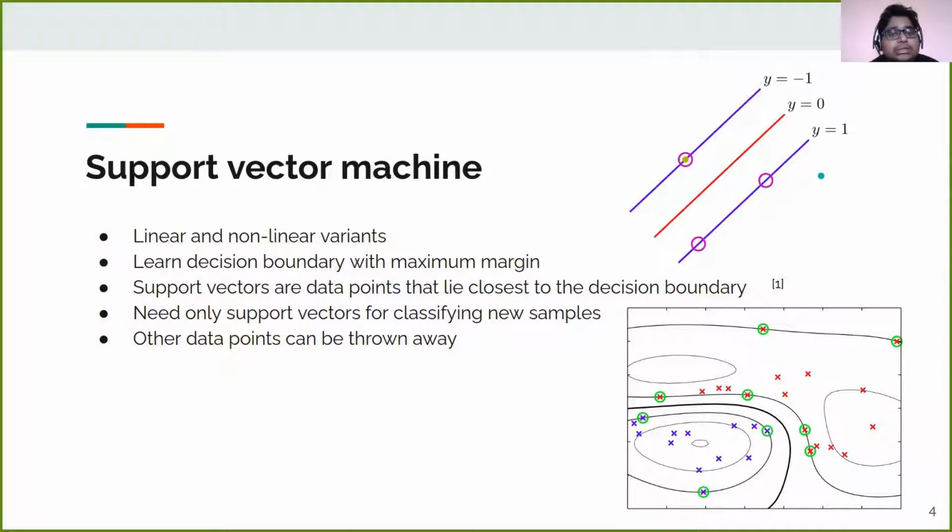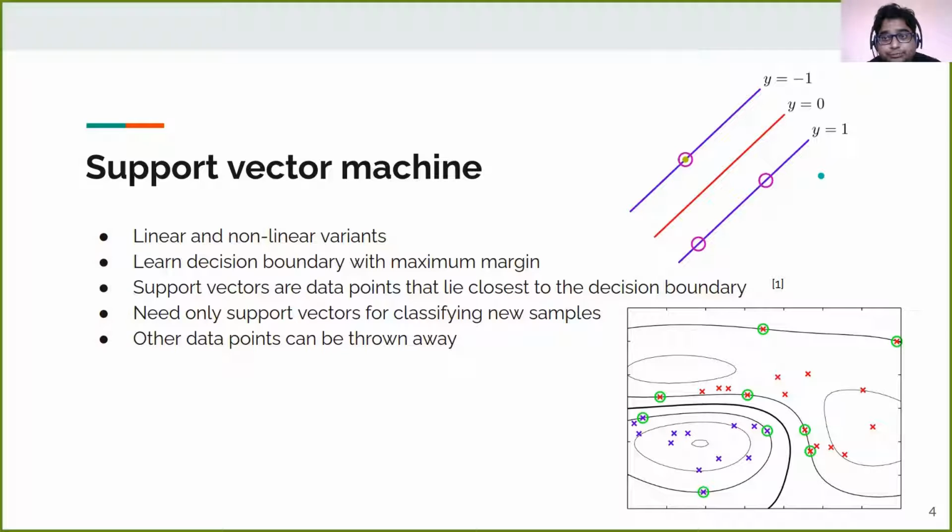A support vector machine is a maximum margin classifier. What it means is that it learns a decision boundary which is maximally separated from the nearest samples belonging to the two classes. In the top image, we can see that Y equal to 0 is the decision boundary.